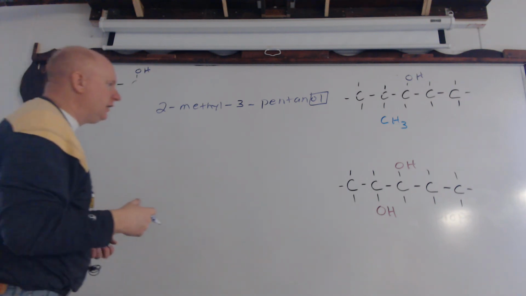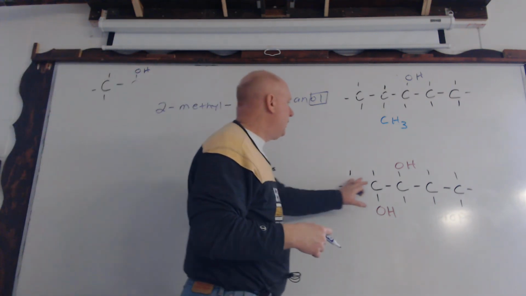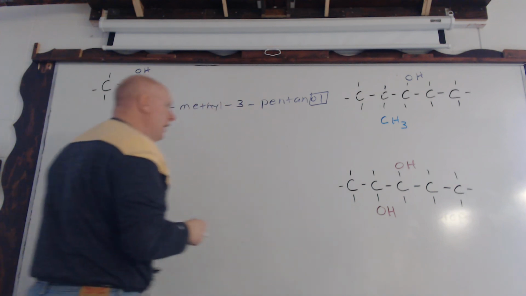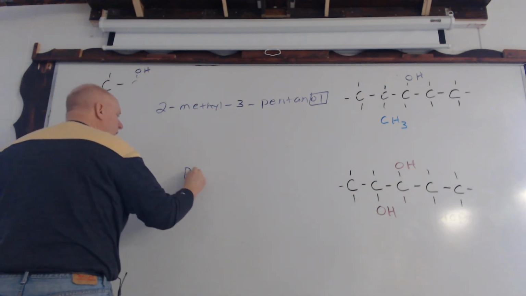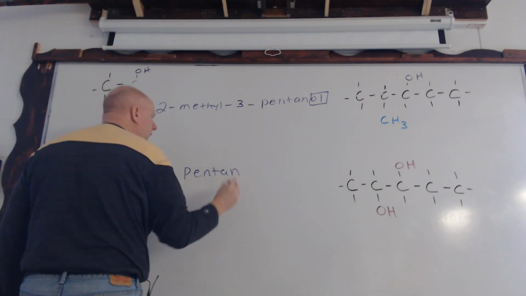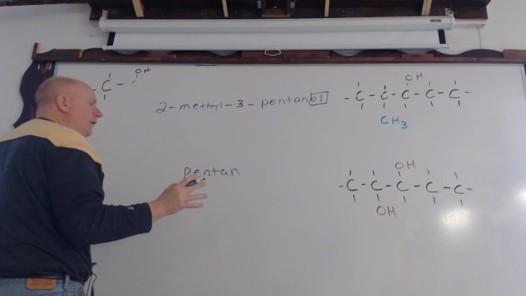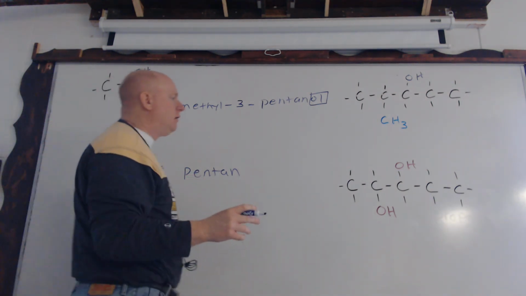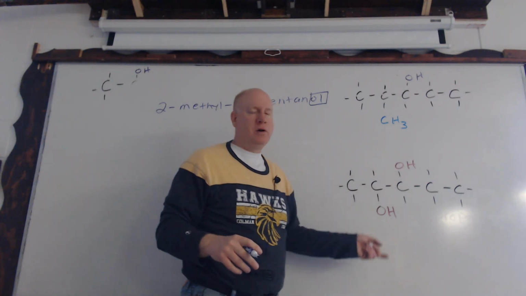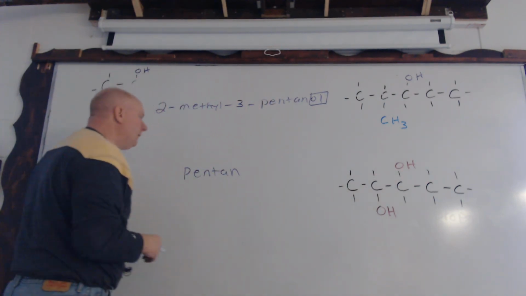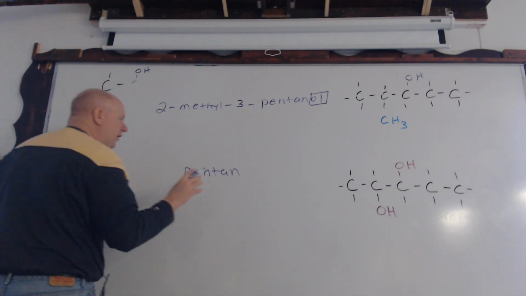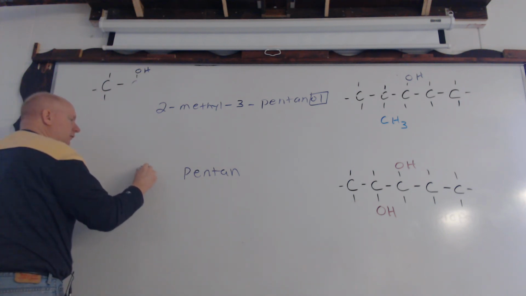And then finally, this last set, we still have pentanol. But I'm going to leave a space there for a very specific reason. Because now, notice that we've got 2 OH groups on there. Okay? So they're located on the second and third.